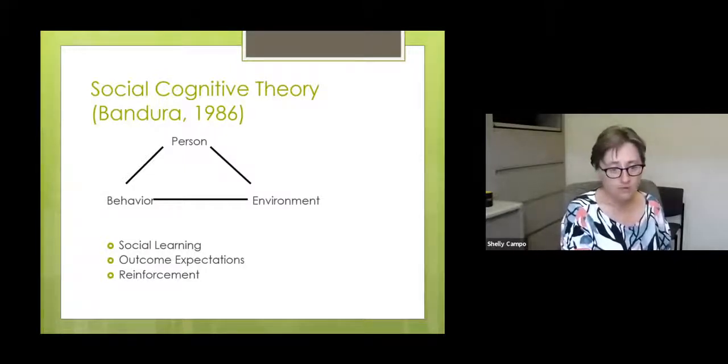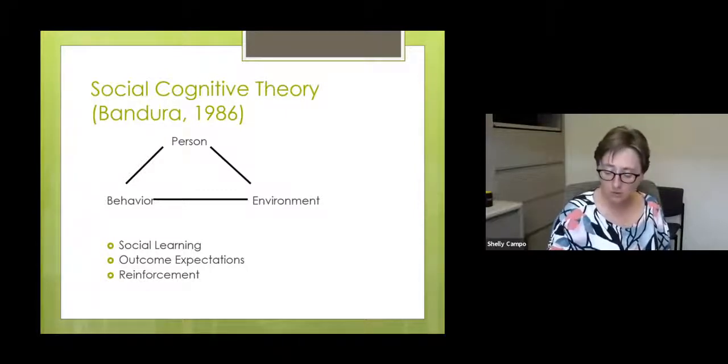We have our own expectations for whether or not the behavior will result in a good or a bad outcome. And we often need to reinforce behavior and ideas in order to make them stick. So this is a very, very common theory in public health, and actually the originator of this was at the University of Iowa.